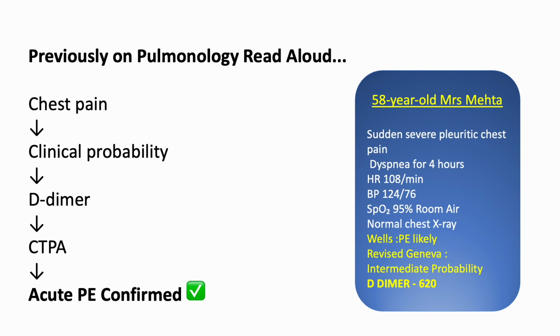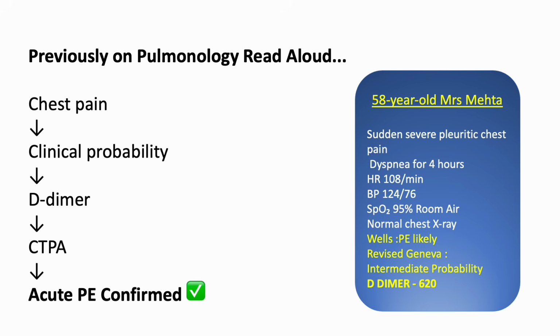Previously on Pulmonology Read Aloud, in episode 1, we talked about 58-year-old patient Mrs Mehta who came with sudden severe pleuritic chest pain and acute dyspnea, who had a Wells score suggestive of a likely PE, a revised Geneva score suggestive of intermediate probability, and a high D-dimer, along with an age-specific modified D-dimer also being high.